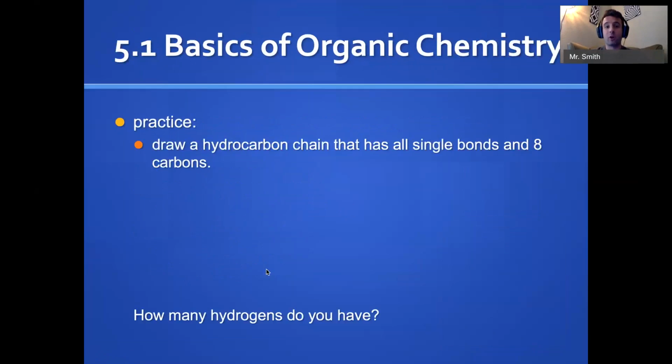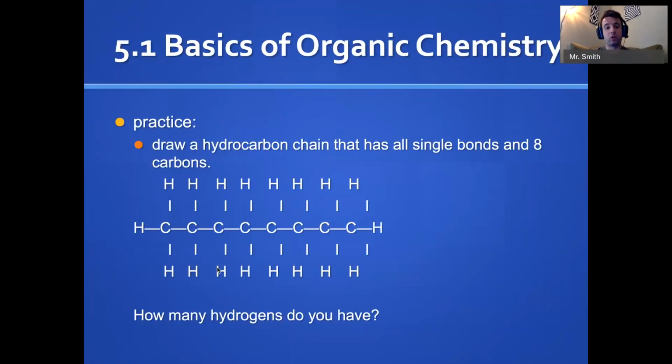Here's what we want you to be able to do: draw a hydrocarbon chain that has all single bonds and eight carbons. And the question is, how many hydrogens would you have if you did that? You're going to draw eight carbons and then connect them all up.